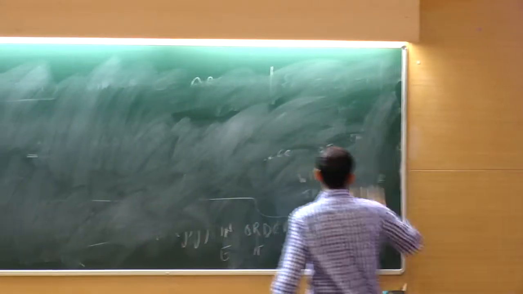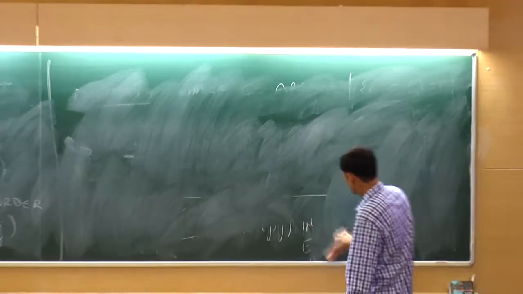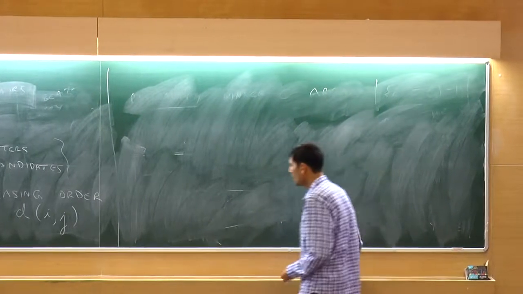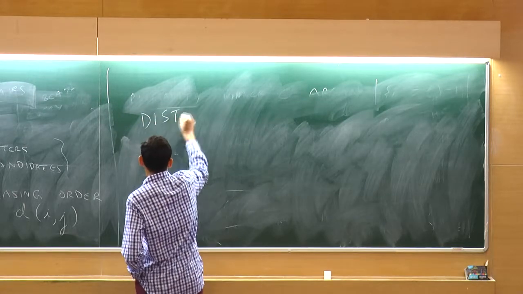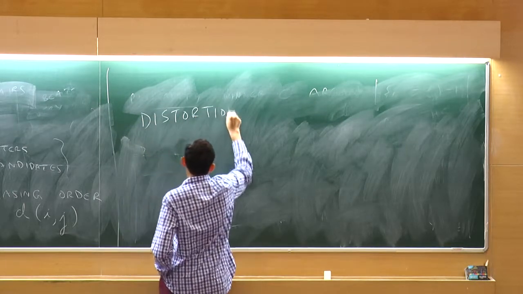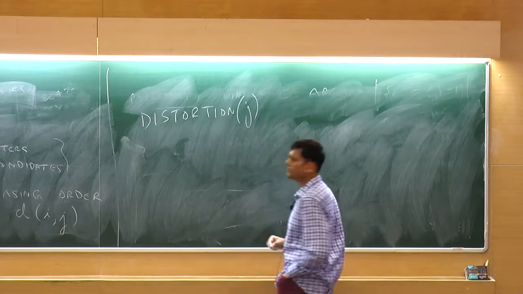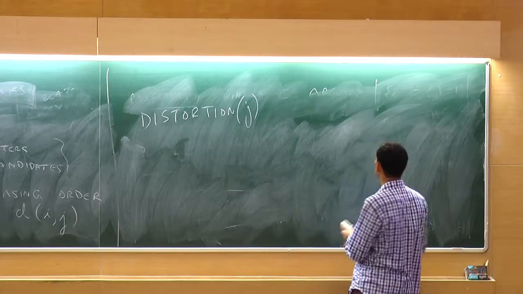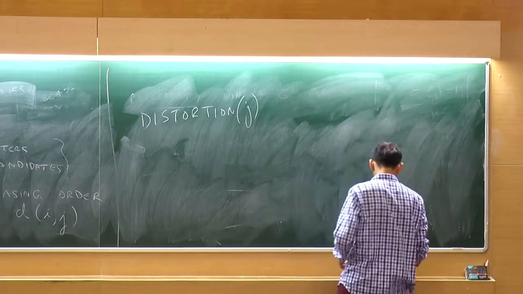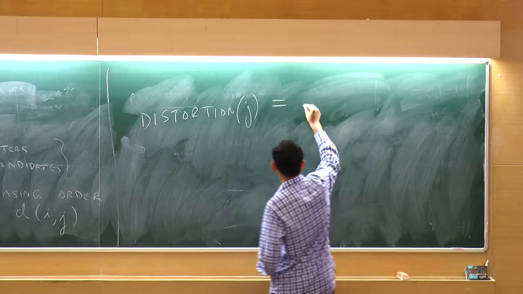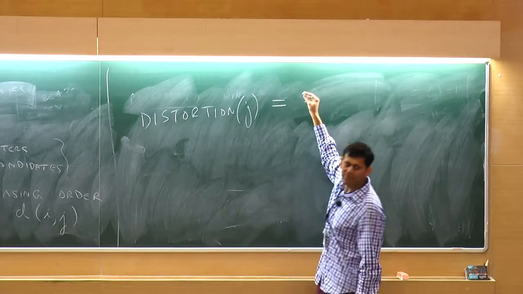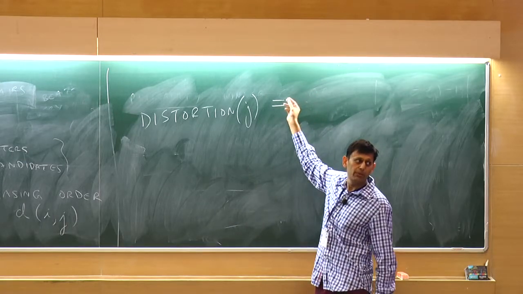And then I'm going to assume that the distortion of a candidate J is, I'm going to say max, even though I should say sup.